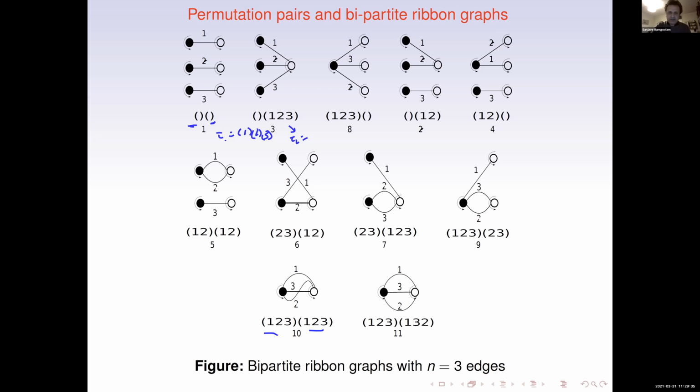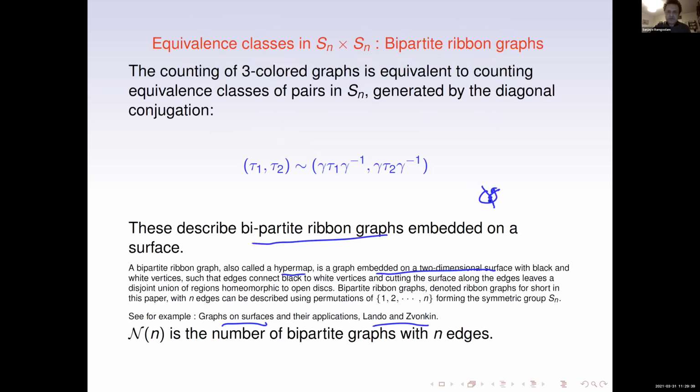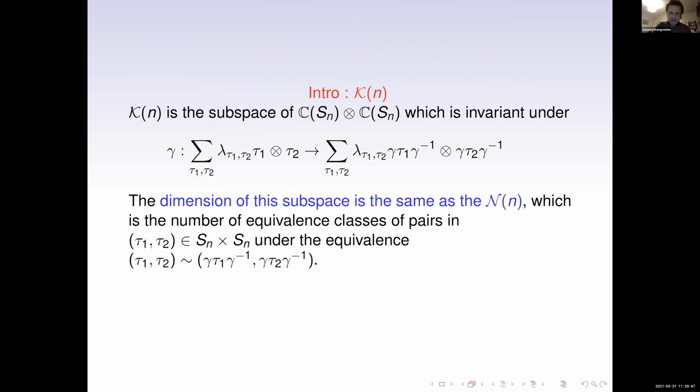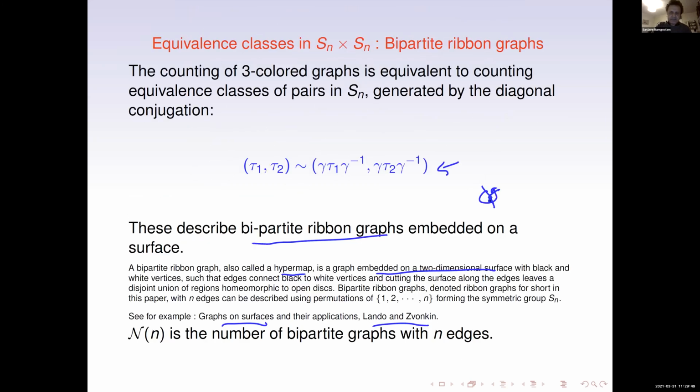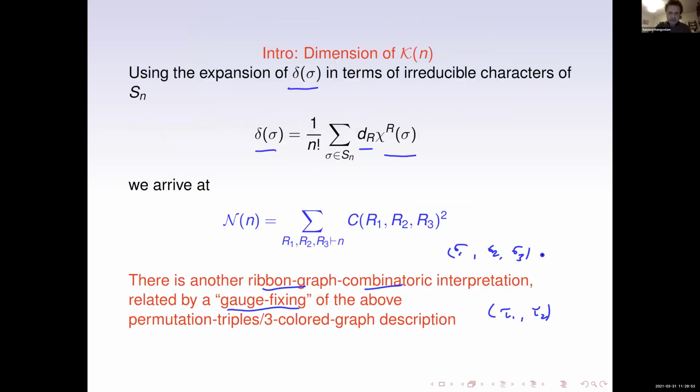Essentially, the same counting of bipartite ribbon graphs, which in terms of permutations is simply this, is the same counting that we talked about before. So the counting of bipartite graphs is the same as the sum of squares of Kronecker coefficients. This counting is now also the counting of bipartite graphs with n edges.